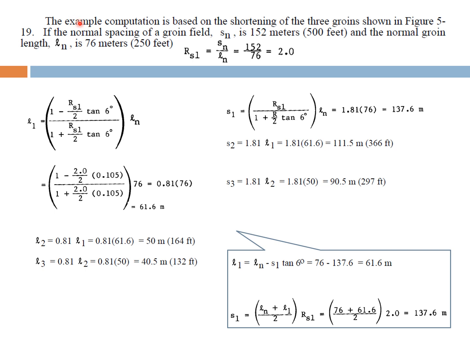We are going to assume that the normal spacing of the groin field is 152 meters and the normal groin length is 76 meters, so that the space to length ratio is equal to 2. By applying this equation, we are able to calculate L1 as 61.6 meters and subsequently L2 as 50 meters and L3 as 40.5 meters.